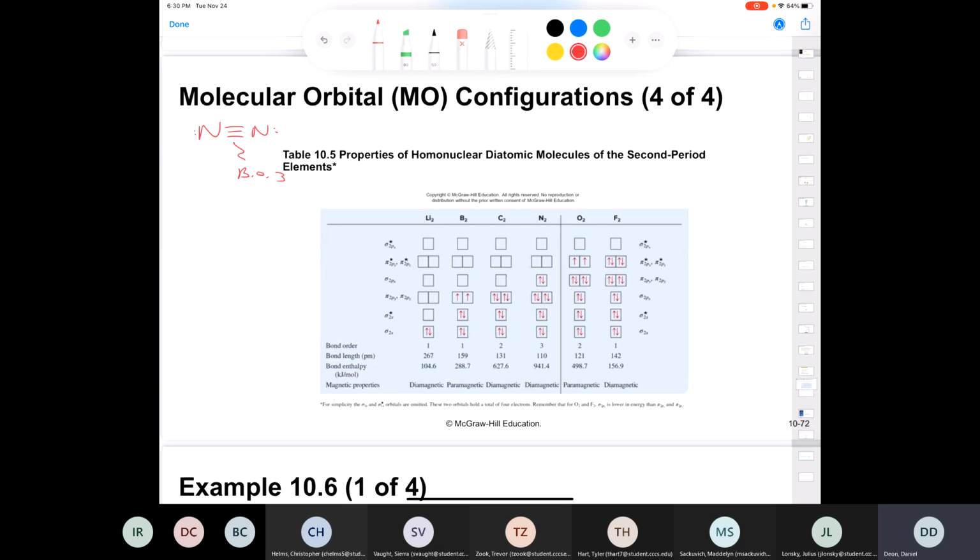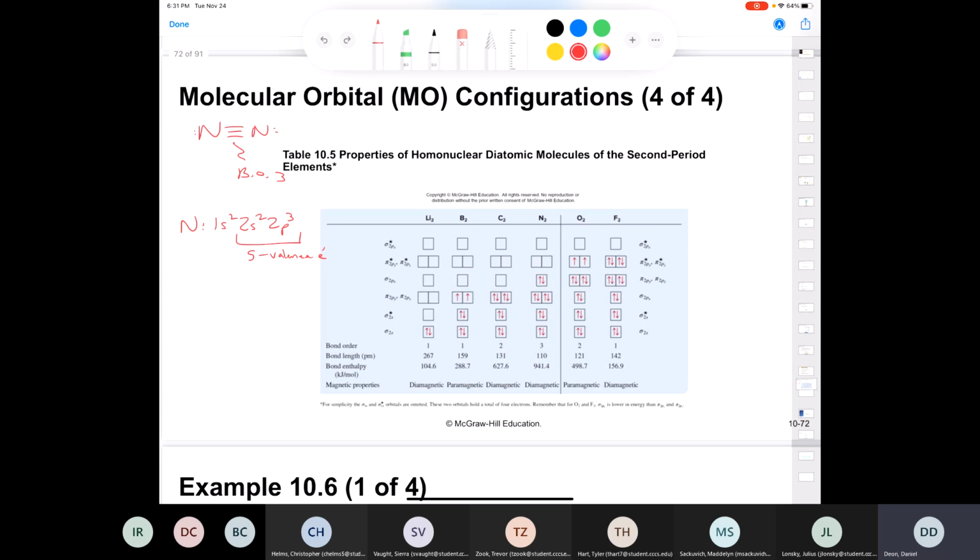Well, nitrogen has 1s2, 2s2, 2p3. That means it's got 5 valence electrons. If I've got 2 nitrogens, that means I've got a total of 10. If I fill them in here, 1, 2, 3, 4, 5, 6, 7, 8, 9, 10.